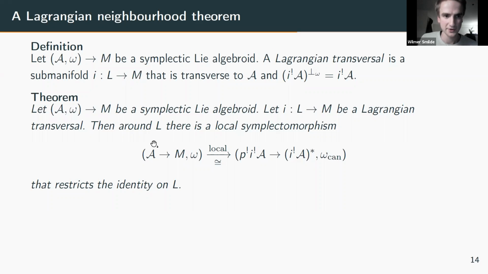We can linearize it even on the algebroid level, namely that there's a local symplectomorphism, which is in this case an algebroid isomorphism. And local means that it's around a neighborhood. Oh, this should be M, in the neighborhood of L, such that it pulls back the canonical 1-form to the symplectic form we started with, and it restricts to the identity on L.